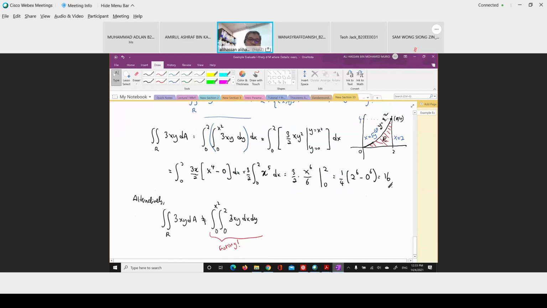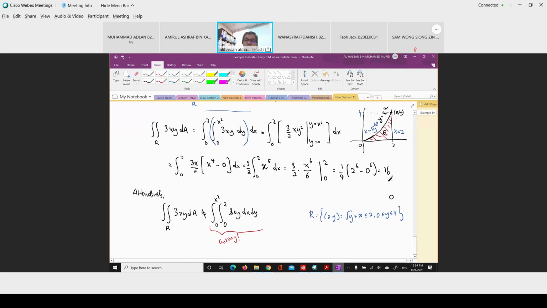So the same region R can also be represented in a different way. x is between square root y and 2, and y is between 0 and 4. Isn't it?